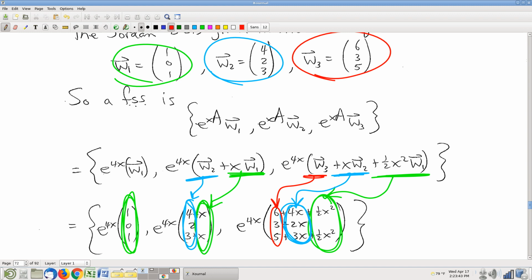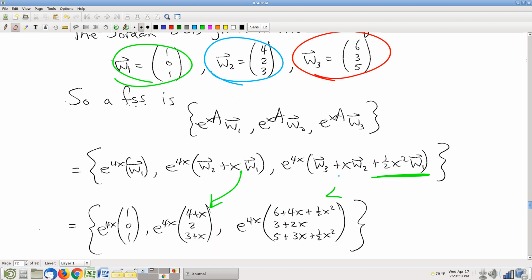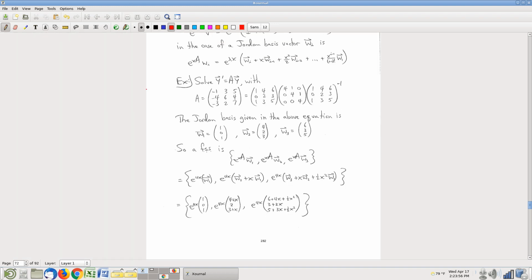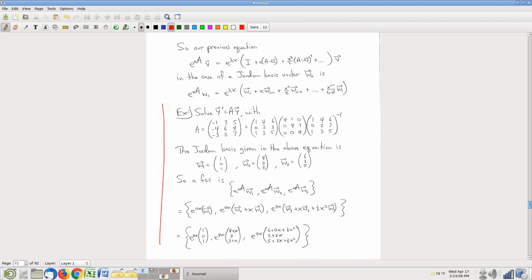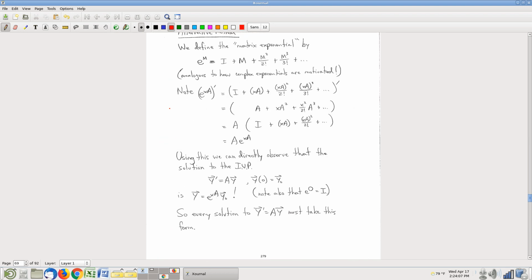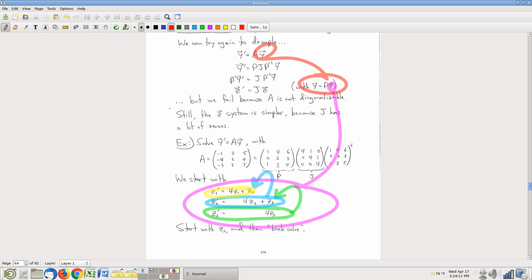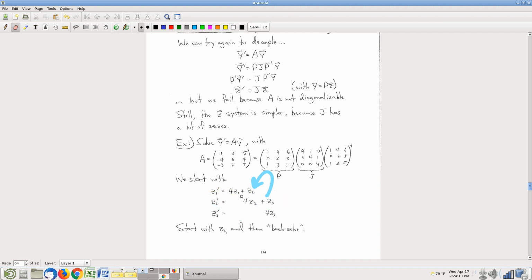Now, just for comparison purposes, which do you like better? Do you like this argument here? Let's take stock. How much work did it take us to do this? It took us 2/3 of a page here using the matrix exponentials, as compared to, before we looked at matrix exponentials, it took us kind of 2.5 pages, right?